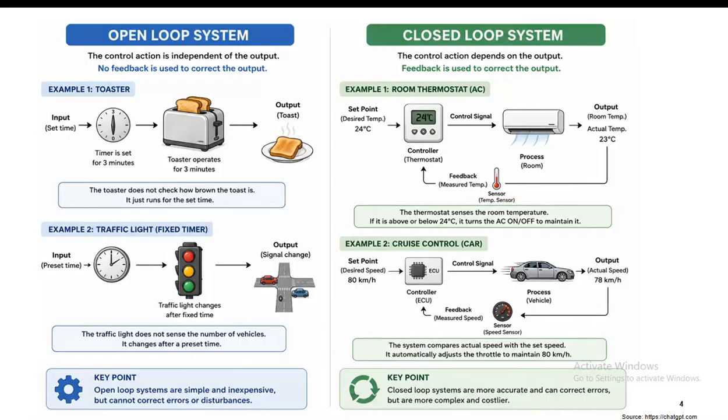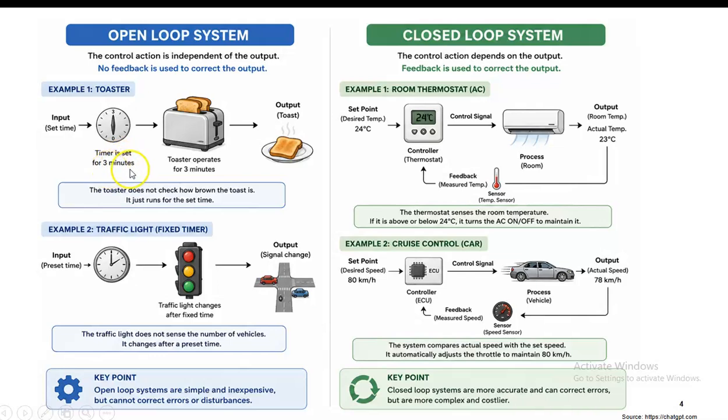Let's see the example of the open loop and closed loop system. In open loop system, the control action is independent of the output. Since there is no feedback here, a toaster is one example. We have an input that is a set time.